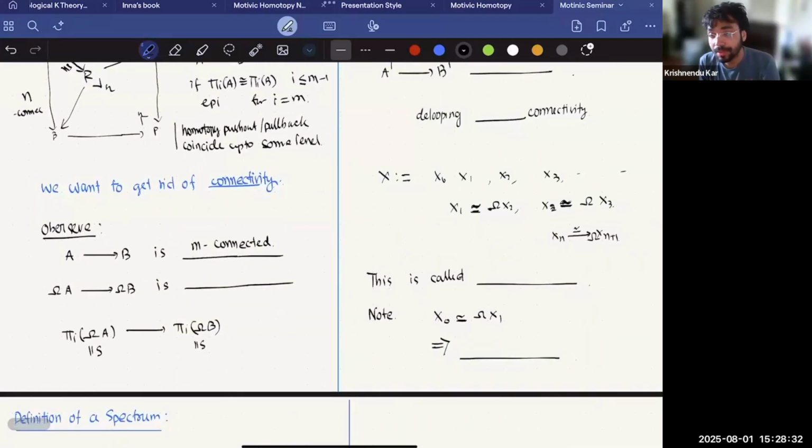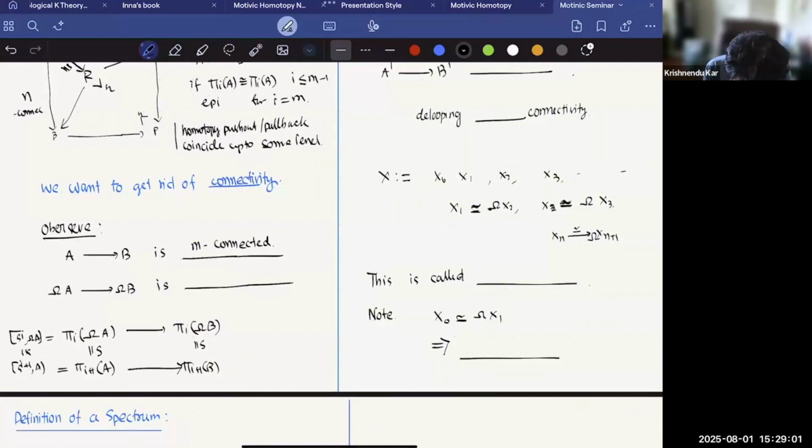Now you can use your loop suspension adjunction to see that pi I of omega A is the homotopy classes of maps from S^I to omega A. And by loop suspension adjunction, this is isomorphic to maps from S^(I+1) to A, that is precisely your pi I plus 1 of A. Similarly, this is your pi I plus 1 of B.